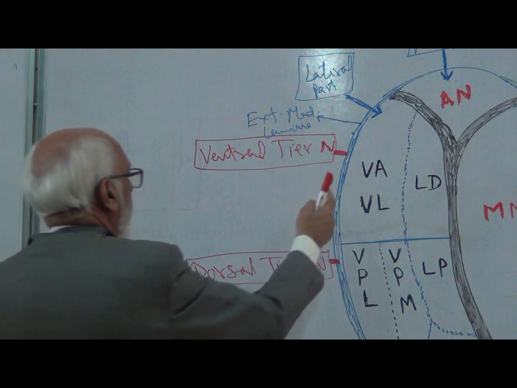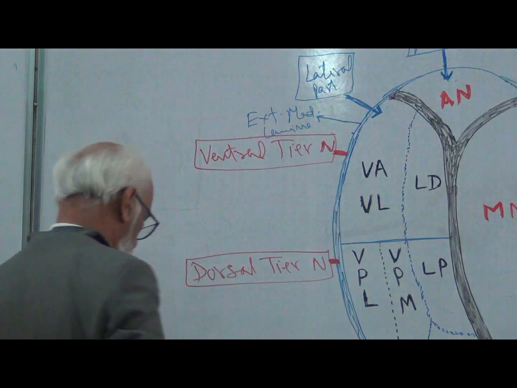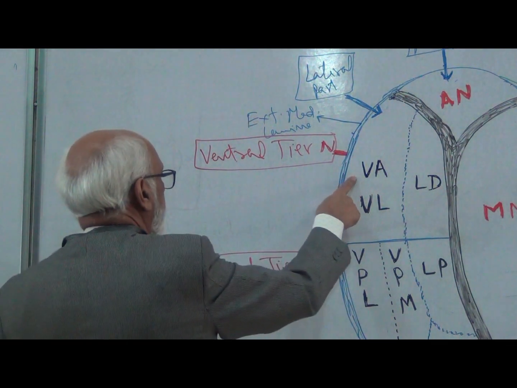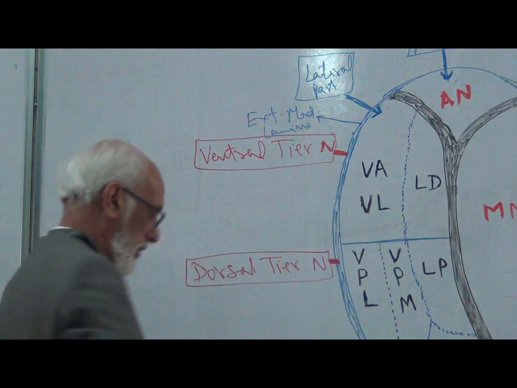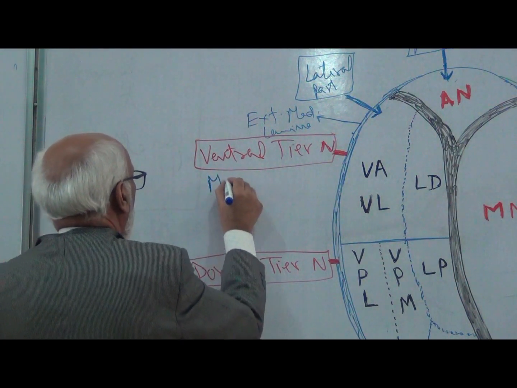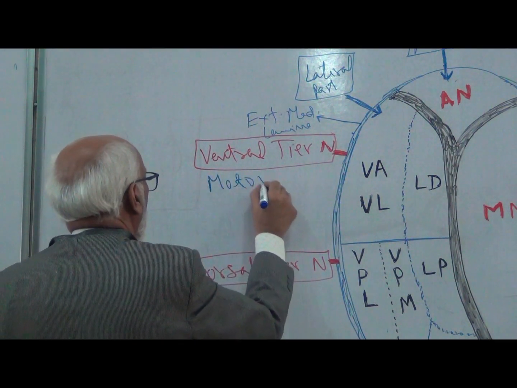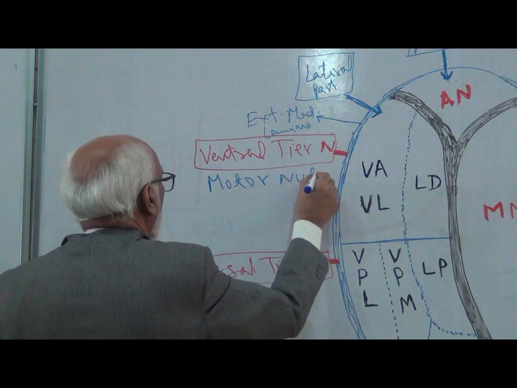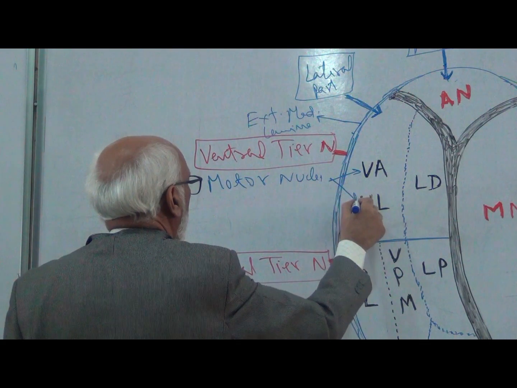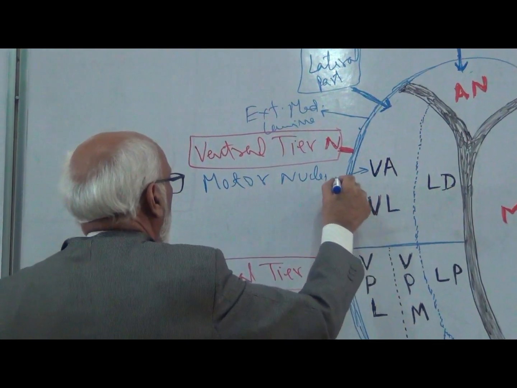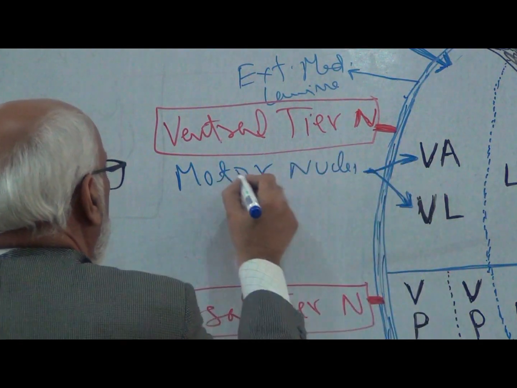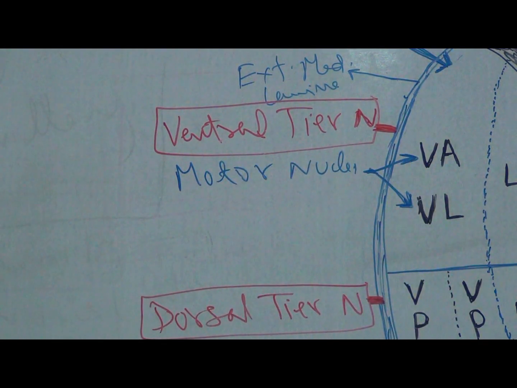Now, the ventral tier nuclei are the ventral anterior and ventral lateral nuclei. These are the motor nuclei of the thalamus.